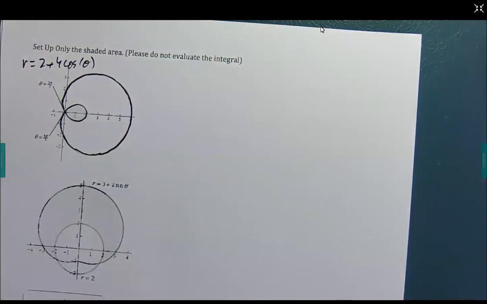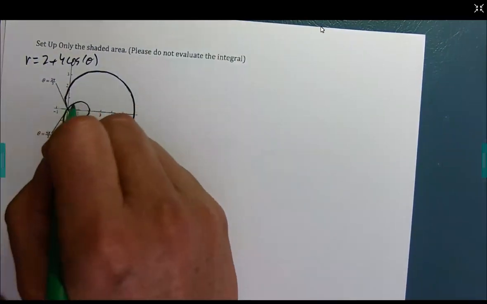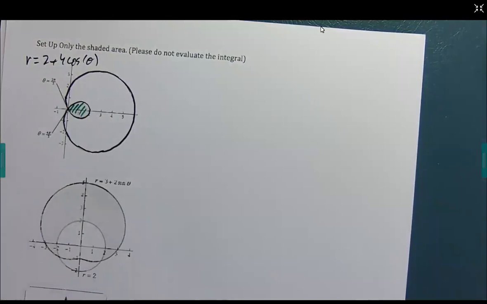And the area of interest is actually this little tiny area here. And what I'm going to have to do is figure out the boundaries. Now, these boundaries get a little tricky.